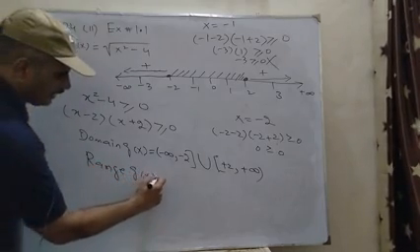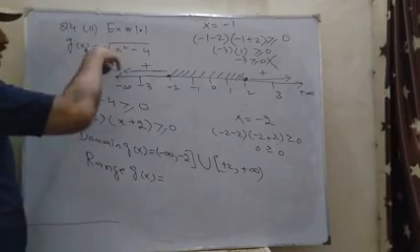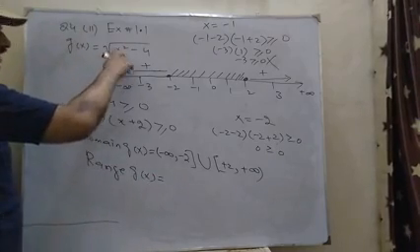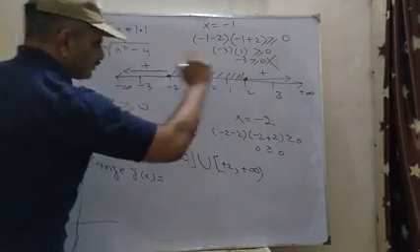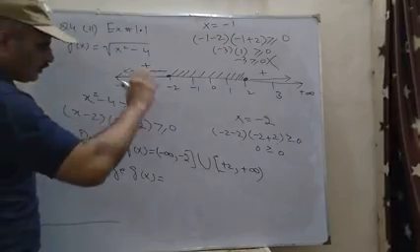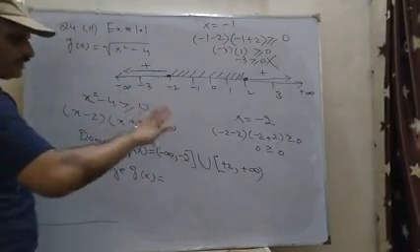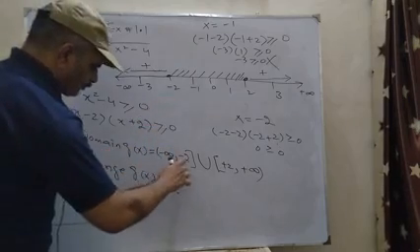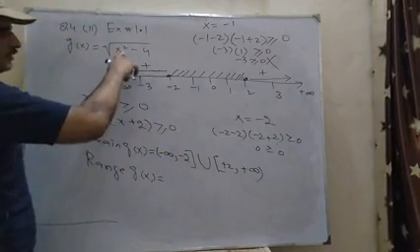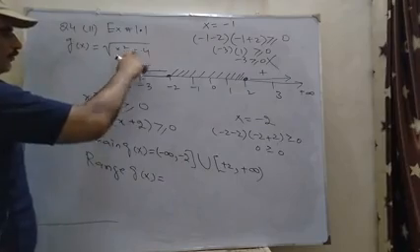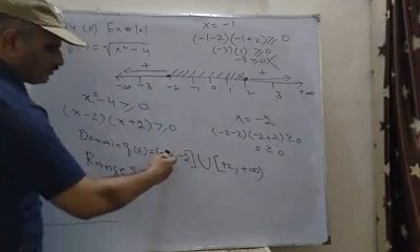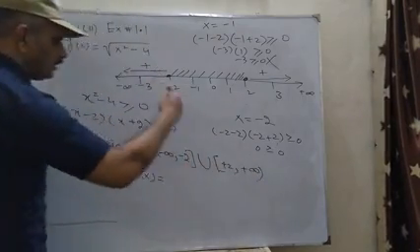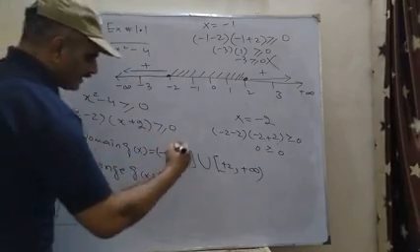You can see, as it is a radical function, there is no chance to get a negative value as output, because we have excluded such domain which gives a negative value. So our value will always be positive. You can put minus 2 in this expression, 4 minus 4 is 0, and if you put values below minus 2 or above plus 2, you will get values greater than 0.